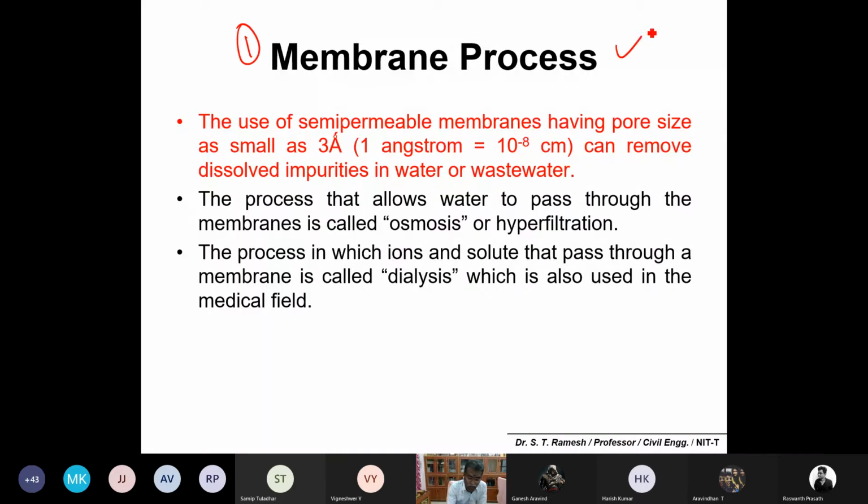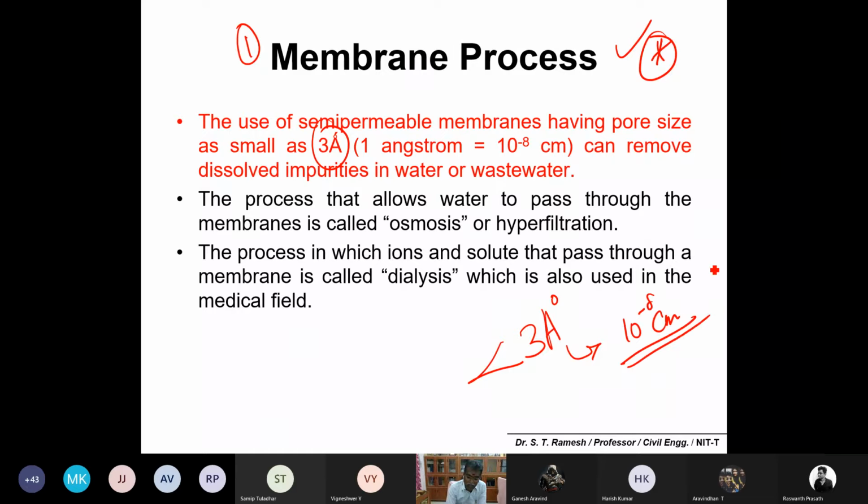Number one is membrane. Probably you would have heard about membrane treatment techniques, starting from microfiltration, nanofiltration, and also ultrafiltration. It's very simple. You just need a semi-permeable membrane that has a pore size of less than 3 angstrom. Please make a note on that. 1 angstrom is 10 power minus 8 centimeter.